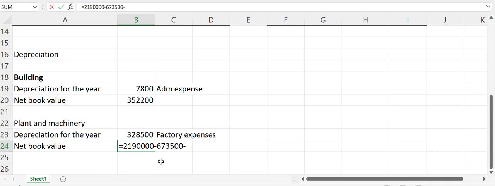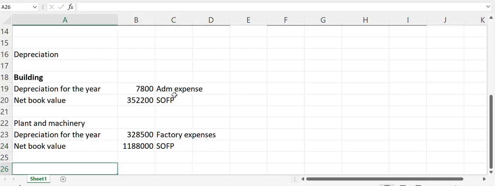Then we less depreciation for the year, which is 328,500. So that is our net book value. This one will be recorded in the statement of financial position.